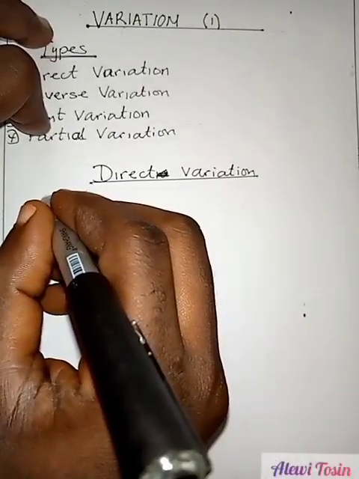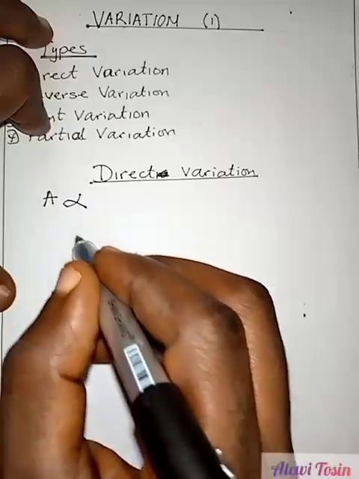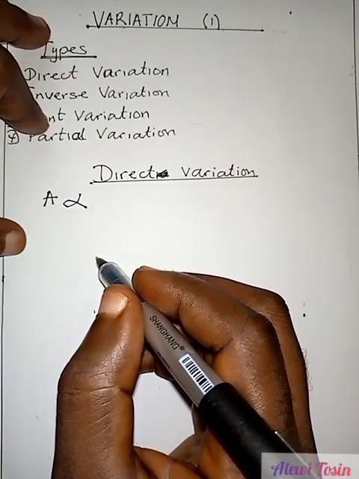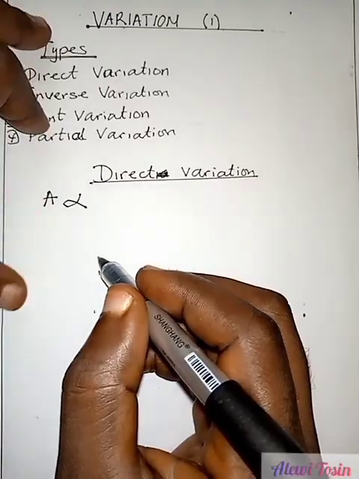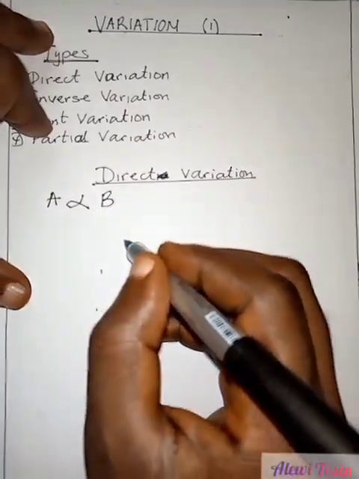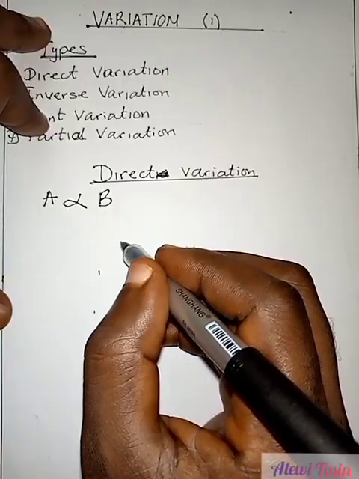Now, for example, if we have quantity A as the price of fuel, and we have quantity B as transport fare.